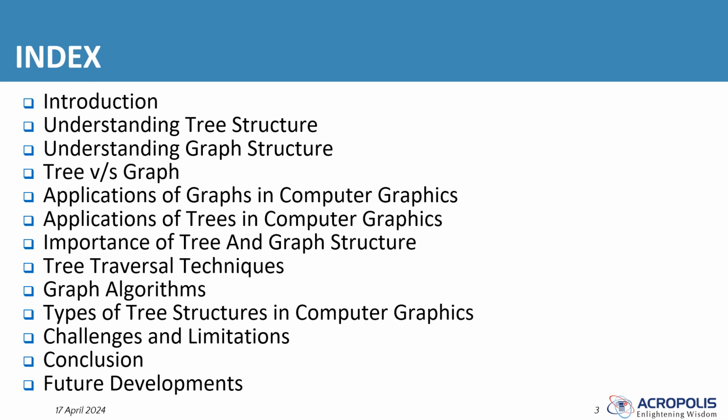We are going to discuss application of graph in computer graphics, application of tree in computer graphics, importance of tree and graph structure, tree traversal techniques like in-order, pre-order, post-order, depth first, breadth first, graph algorithm like depth first search, shortest path algorithm, types of tree structure in computer graphics like binary tree, quad tree, and octree, challenges and limitations of tree and graph data structures, conclusion, and the future development that is required in tree and graph data structure for making it more efficient and good to use.